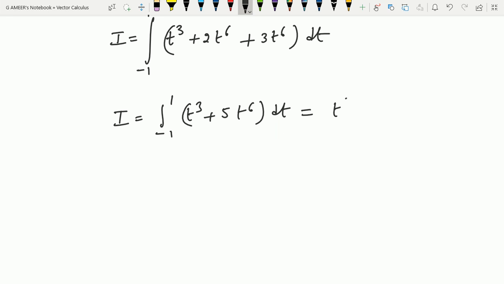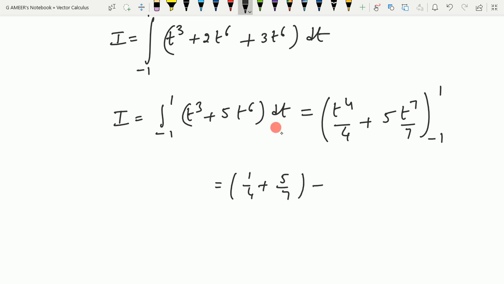The first integration gives t power 4 by 4, the second gives 5t power 7 by 7. Put the limits, upper limit 1 and lower limit minus 1. The upper limit gives 1 by 4 plus 5 by 7, minus the lower limit, which gives 1 by 4 minus 5 by 7. So 1 by 4 and 1 by 4 cancel, and the answer will come as 10 by 7 units.